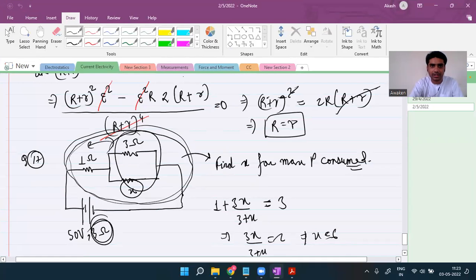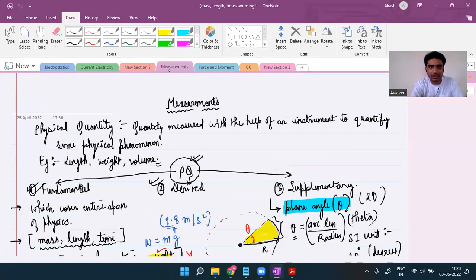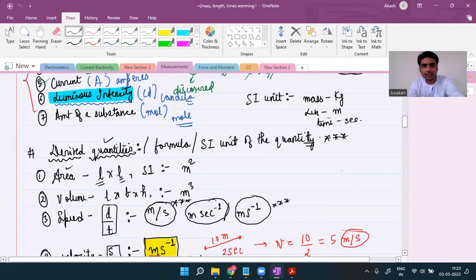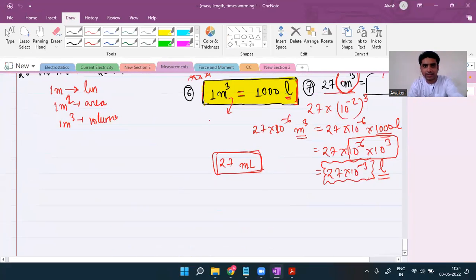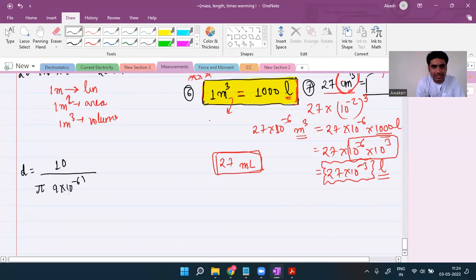See, I needed to find out the density, right? Mass was, I guess, 10 kg. Volume is pi r square h. So pi r square was clear, 9 into 10 to the power minus 6. And h was 25 centimeters, so it's 25 into 10 to the power minus 2 meters, right?